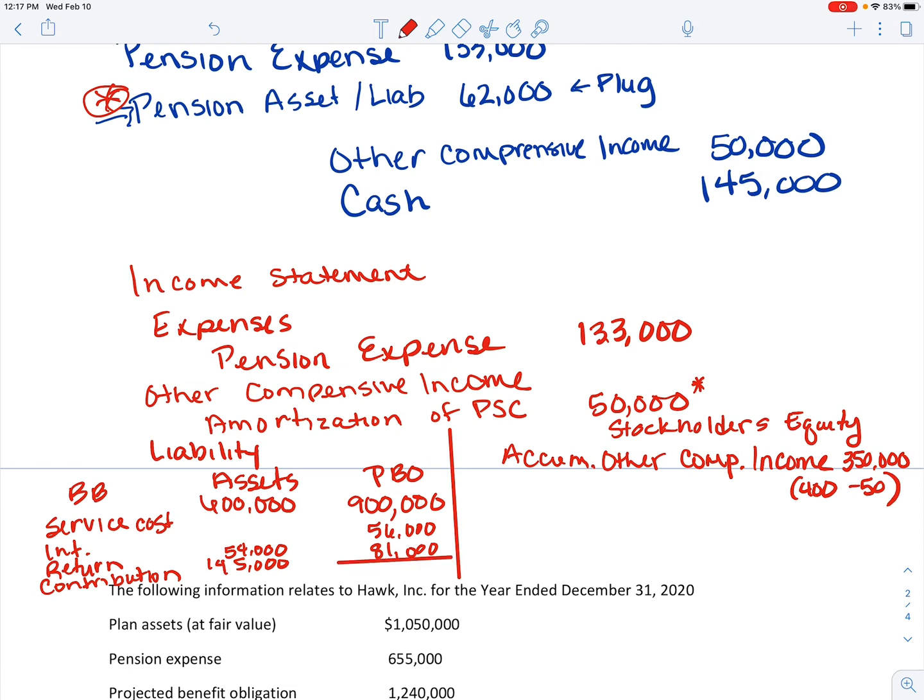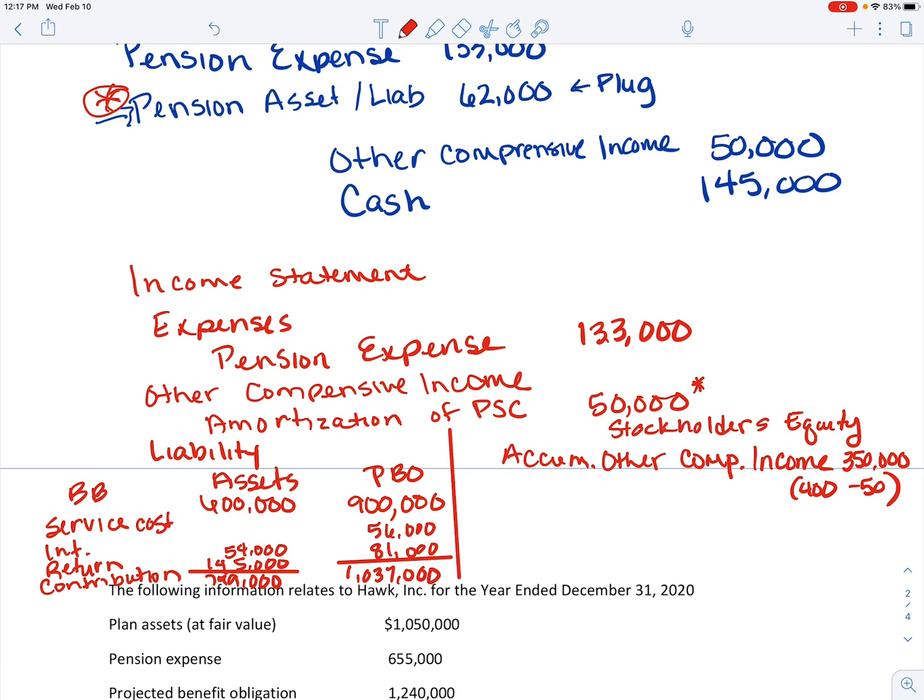I'm sorry I didn't leave a lot of space here to give you these figures, but when we add up our plan assets, you're going to get $799,000, and when we add up our projected benefit obligation, you're going to get $1,037,000.